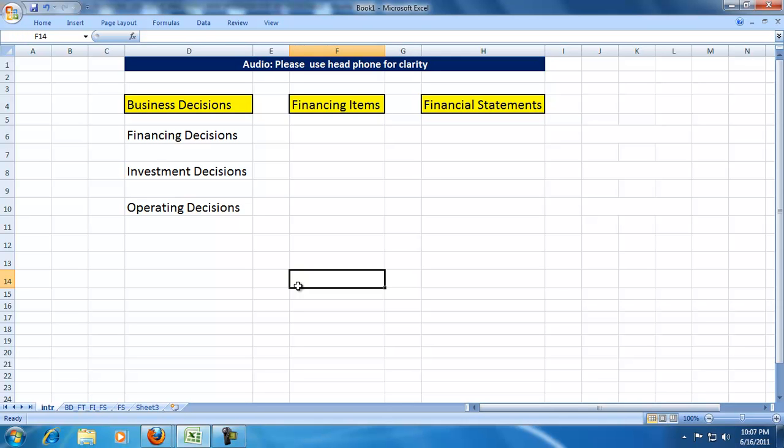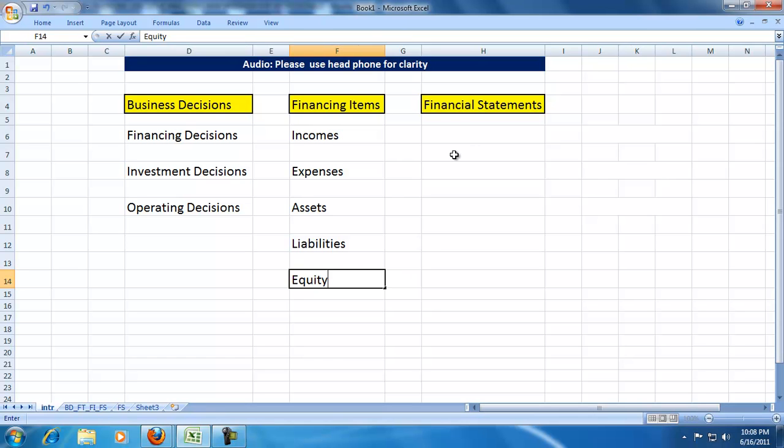And all these business decisions will have financial items like capital, salary, cash, name it, a number of financial items. But for recording purposes, the accounting conceptual framework classifies these financial items into five categories: incomes, expenses, assets, liabilities, and equity.